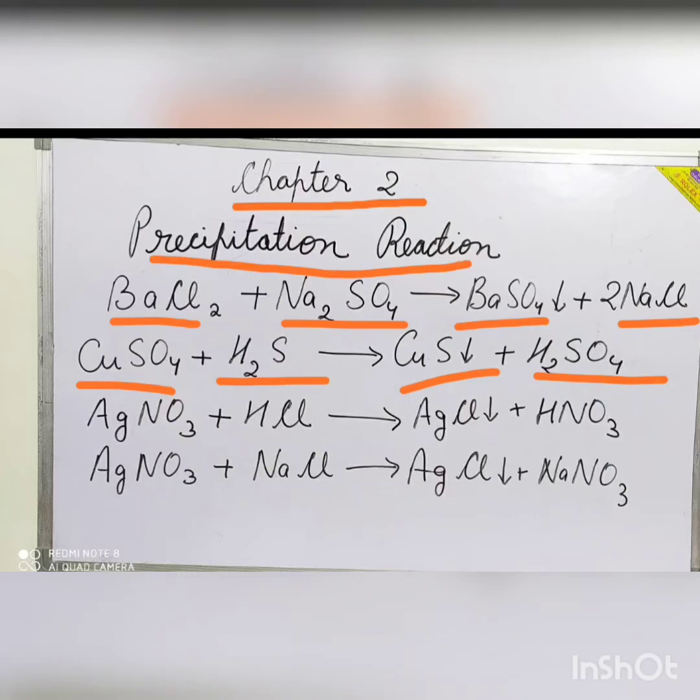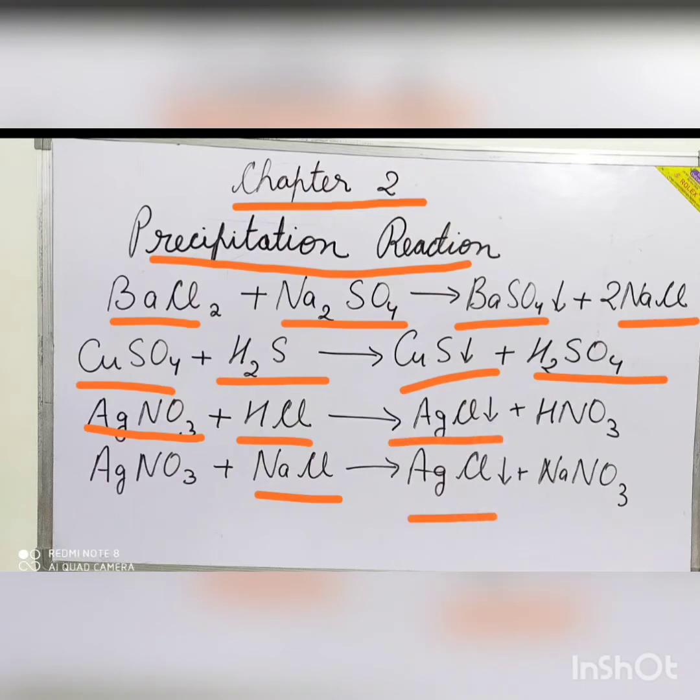Some more experiments to show the double decomposition reaction. We take a solution of silver nitrate in a test tube and add dilute hydrochloric acid or a solution of sodium chloride. A white curdy precipitate of silver chloride is formed in both the cases.